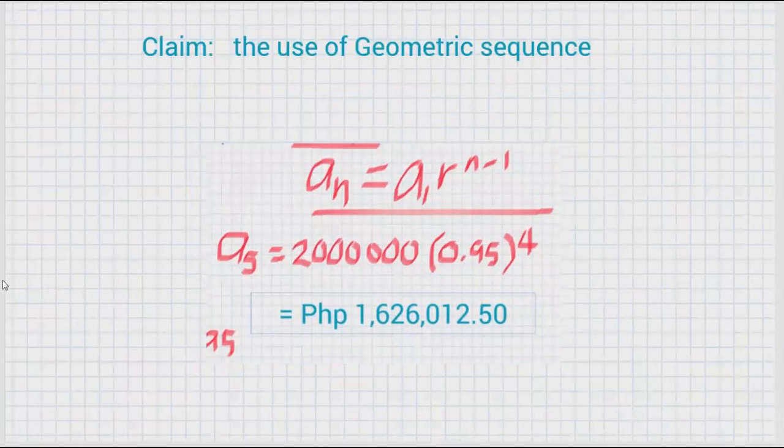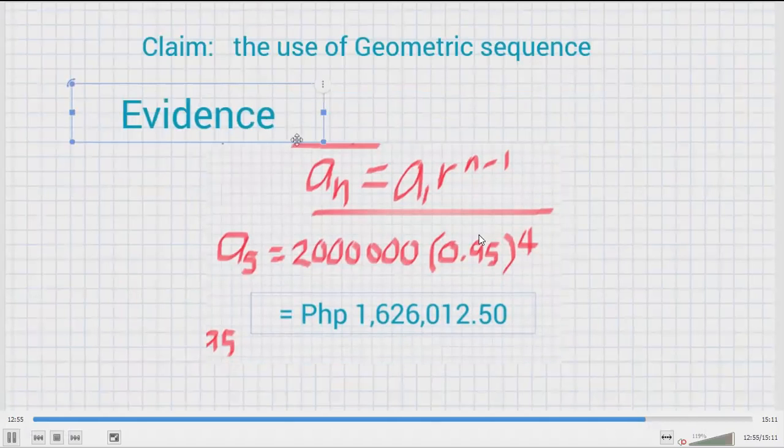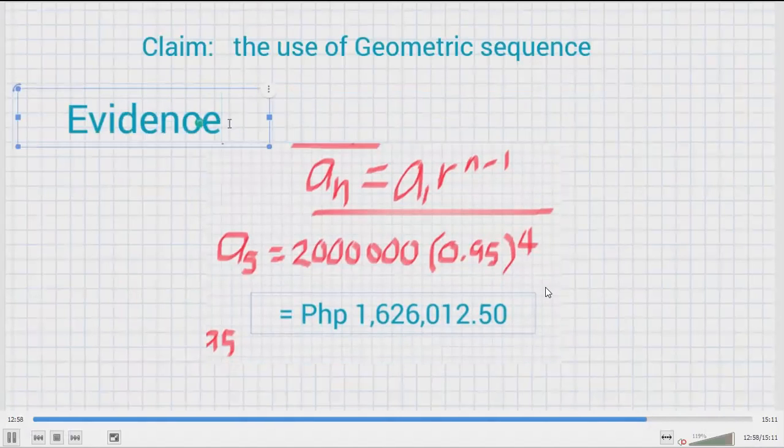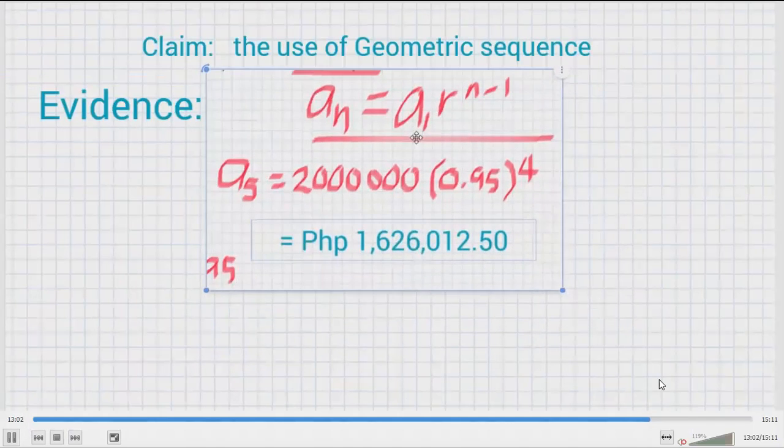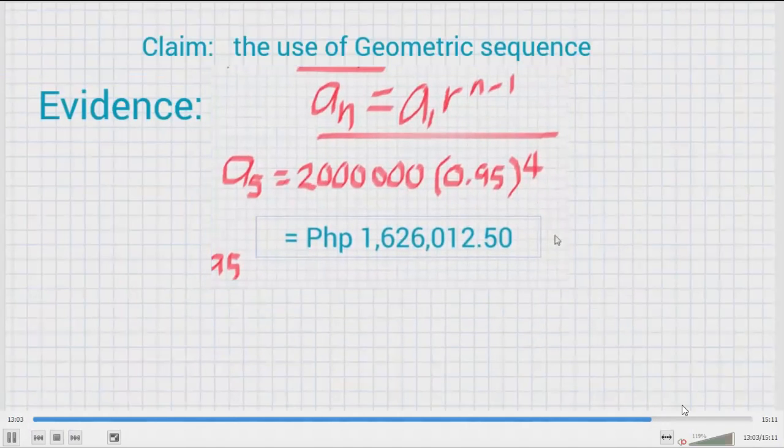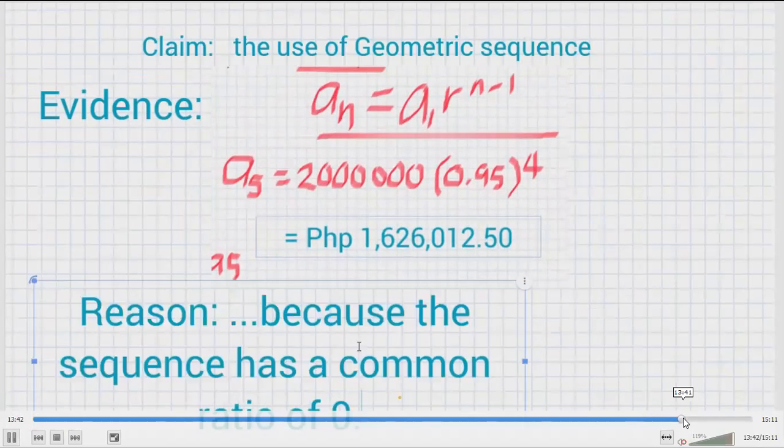So you can include your evidence, the pattern on how you get it, and why you use geometric sequence. What would be your basis in using the geometric sequence? That's just to show you the way.